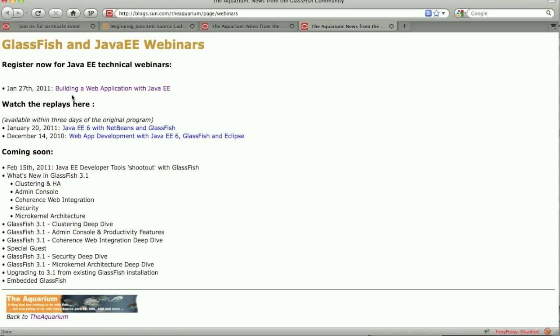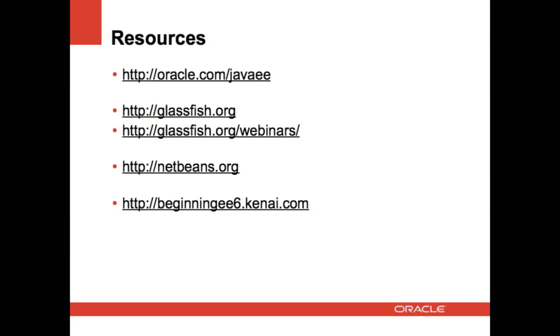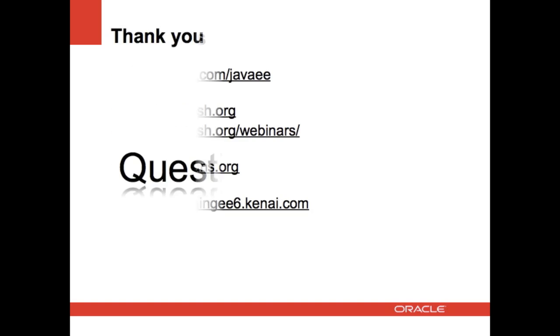There will be a series of webinars covering the features of Glassfish 3.1, including clustering, centralized admin, and so forth. So I encourage you to bookmark this page, as well as the other ones, starting with the Java EE landing page, the webinar page we've just seen, NetBeans, and the home for the beginning EE6 project on kenai.com, where you have all the code I've been walking through with you in this webinar.